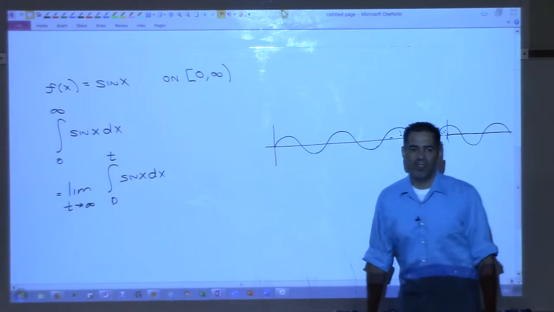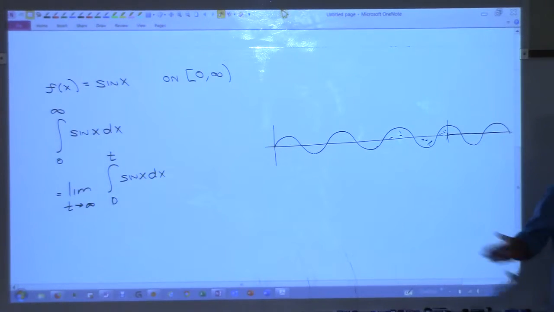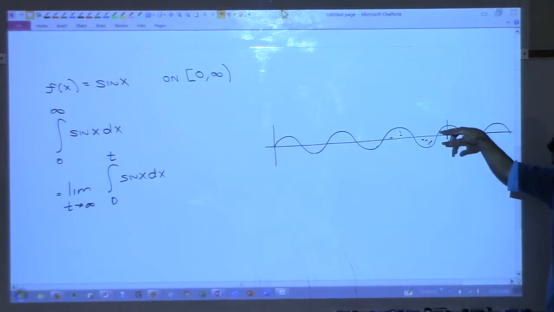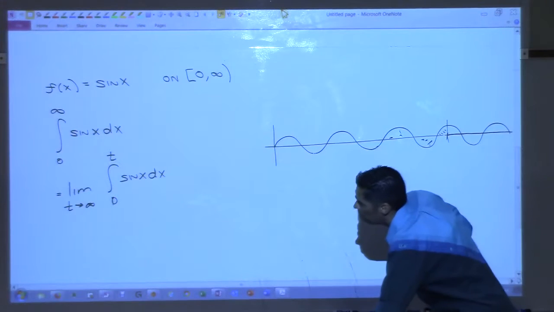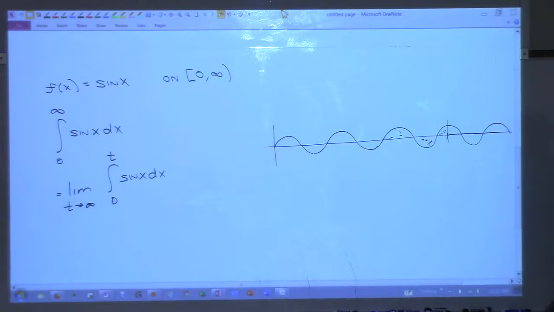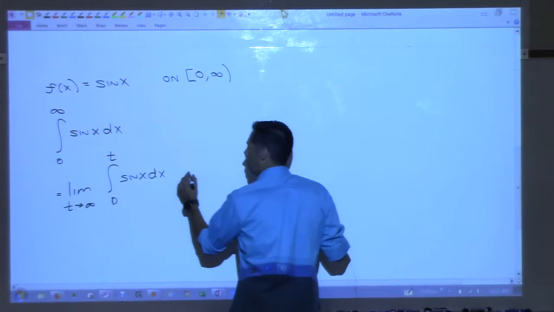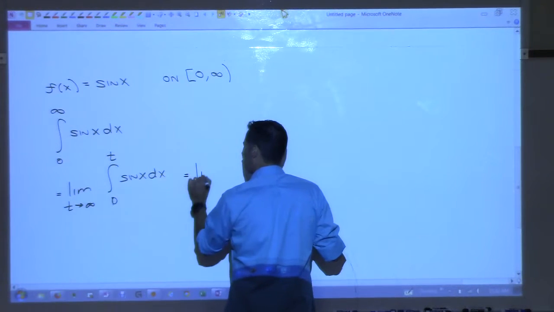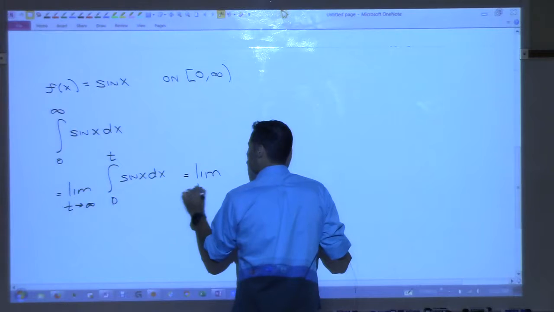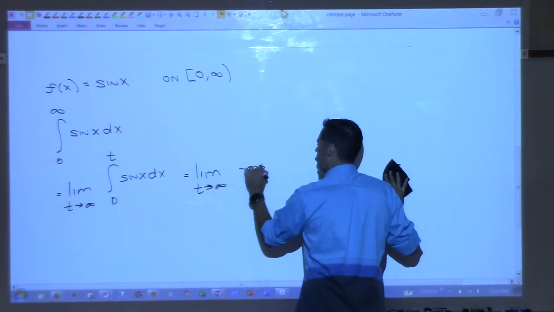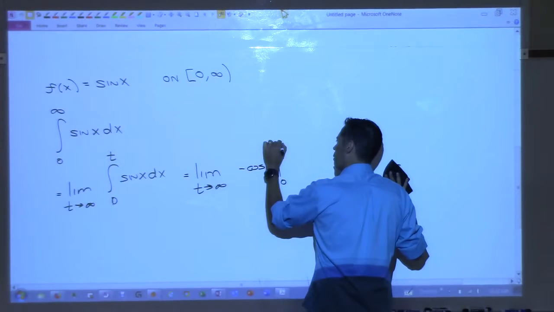Anytime we see an improper integral where we have an infinite interval, we want to replace the limit of integration and do a limit. This now becomes the limit as t goes to infinity, and then the antiderivative of sine, which we already know is negative cosine, evaluated from 0 to t.